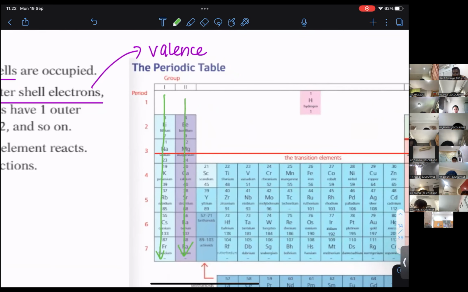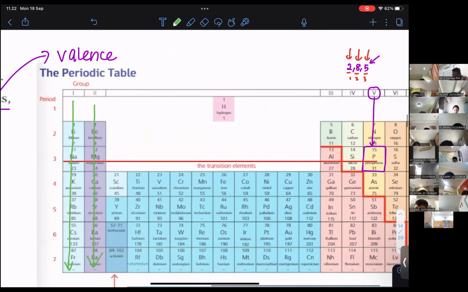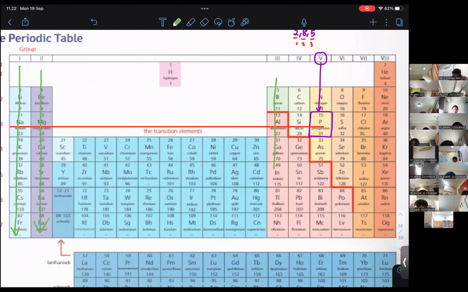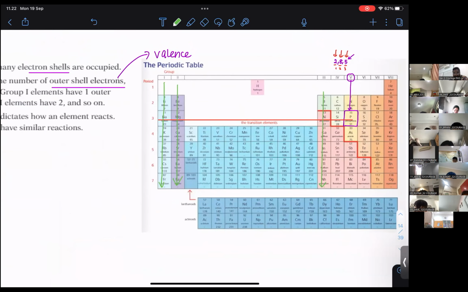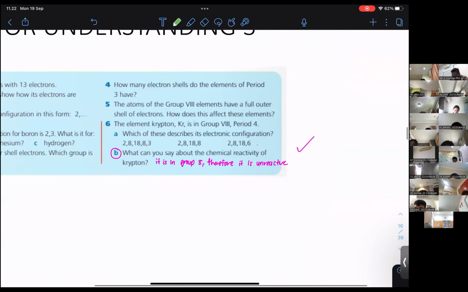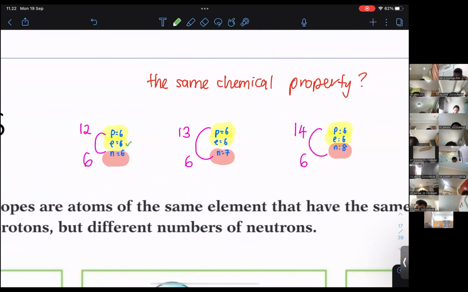Whenever we are talking about chemical property, we are talking about the electrons. So if you have the same number of electrons, they have the same chemical property.